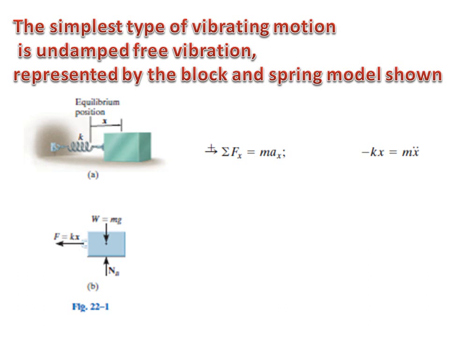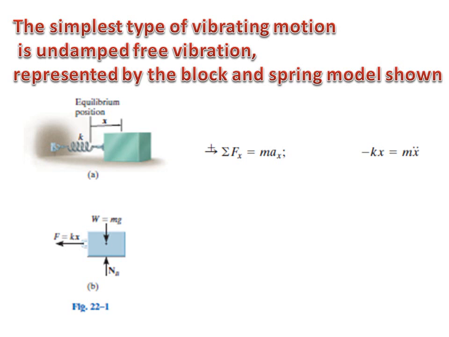Thus, when we apply Newton's second law of motion, with the right positive along x, the summation of forces equals mass times acceleration in the x direction. With that we have negative kx equals m x dot dot.